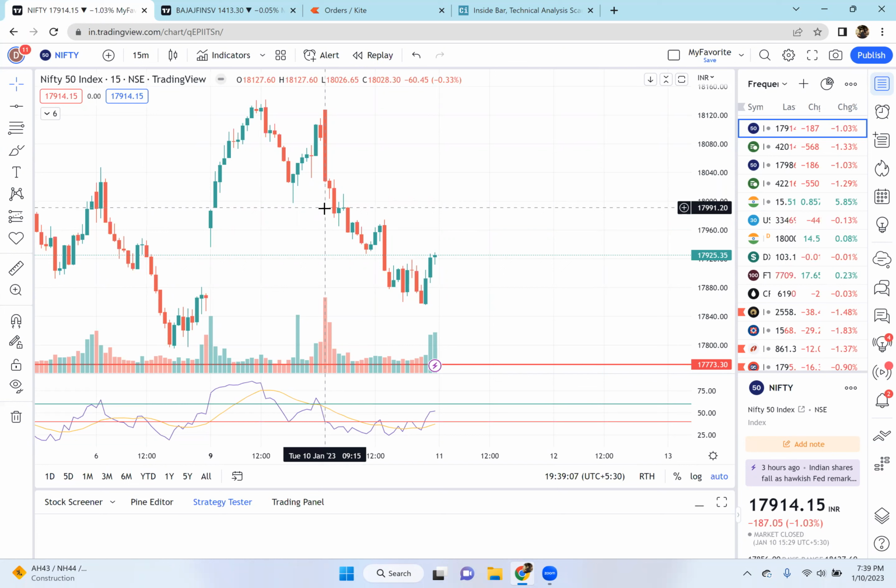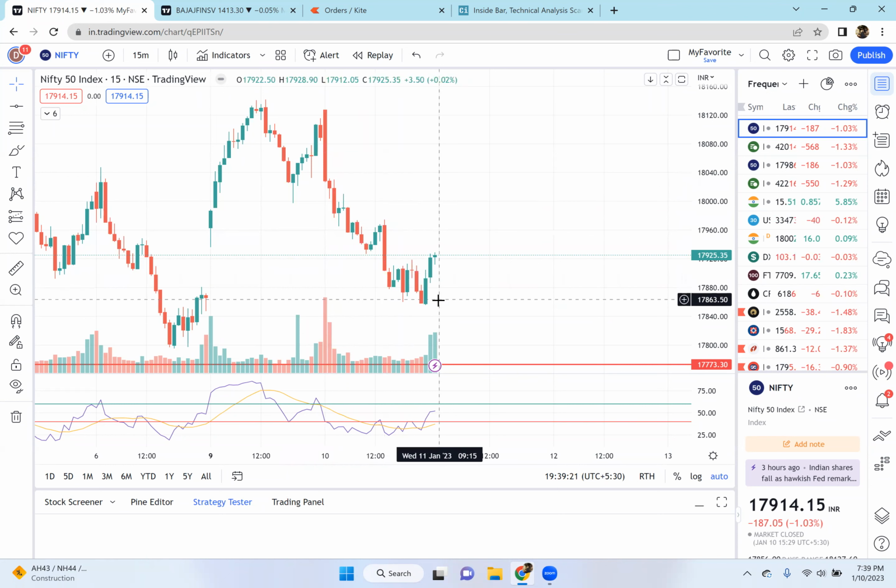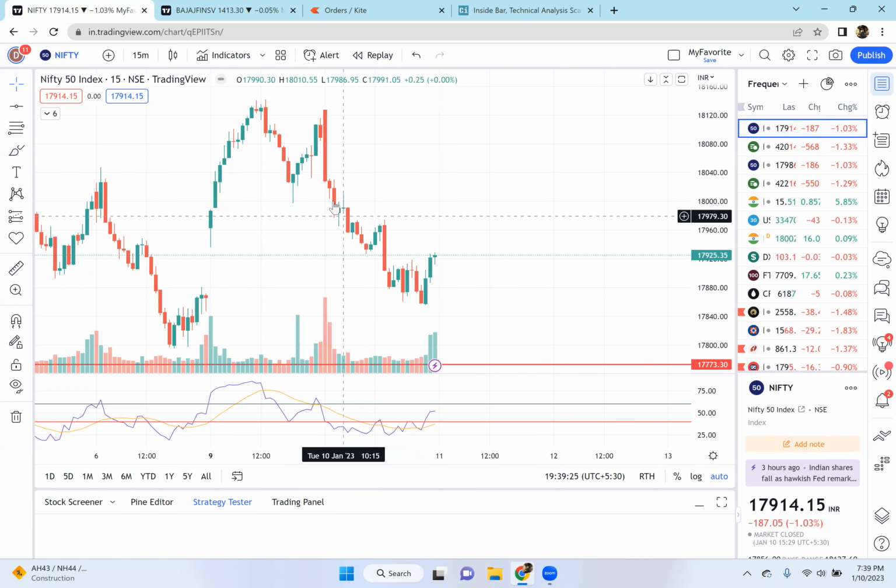Open was 18,127.6. High was 18,127.6. So open was equal to high. And as soon as the low is broken, you will get into a short trade. Okay, as simple as that. So you'll mark the low of this, which was 18,126.65.